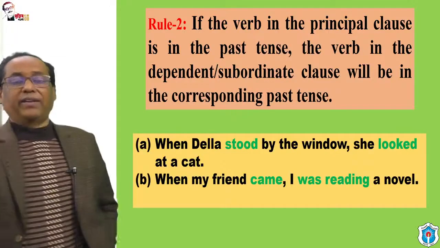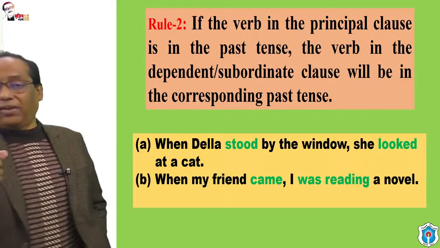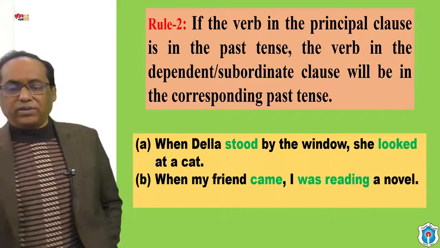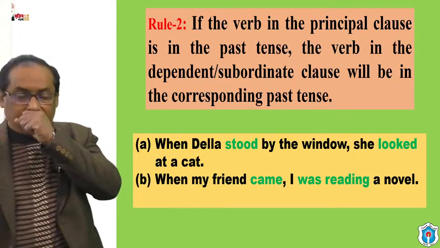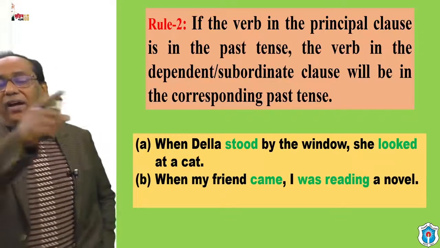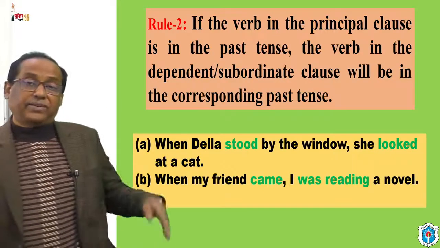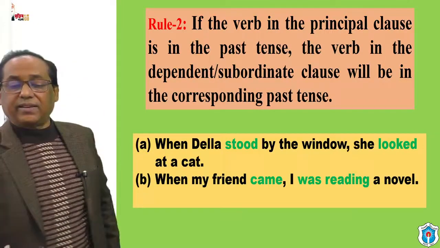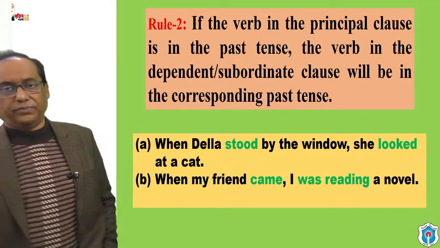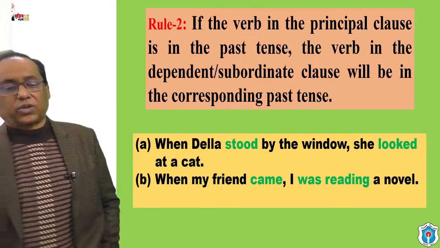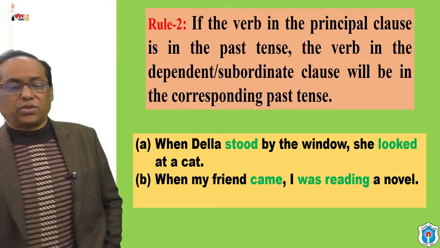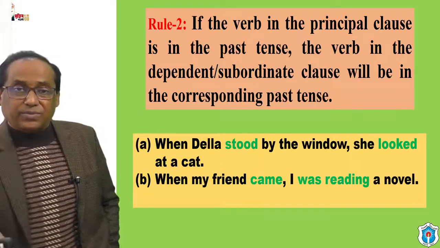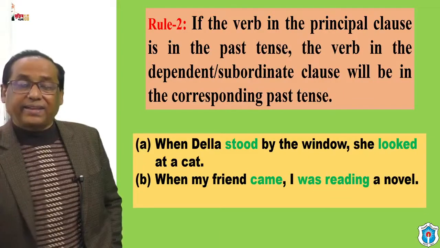See another example. When my friend came, I was reading a novel. What is the principal clause? Sorry, I was reading a novel. আমি একটি উপন্যাস পড়ছিলাম, এটা প্রিন্সিপাল ক্লজ। It is in past tense. Alright? So, the subordinate clause, when my friend came, it is not comes or will come, but came.